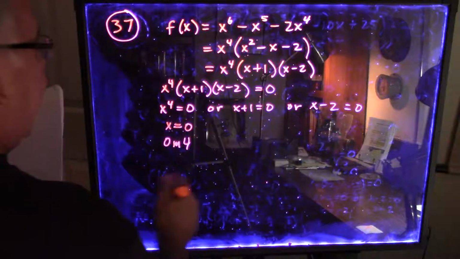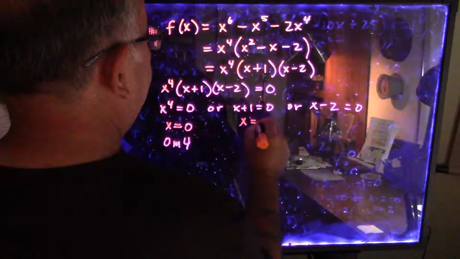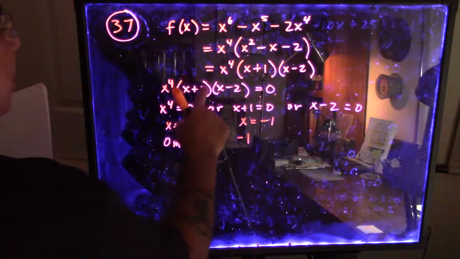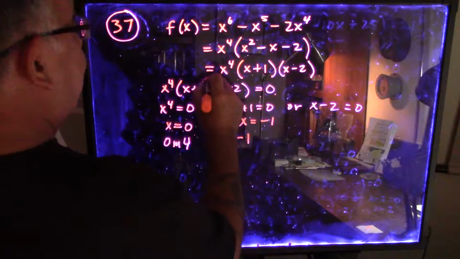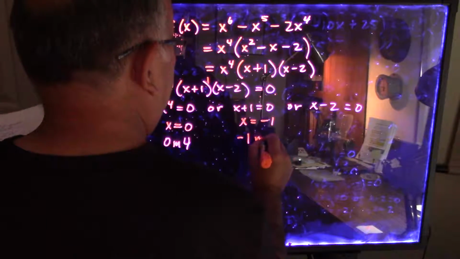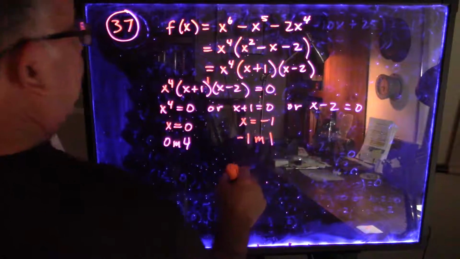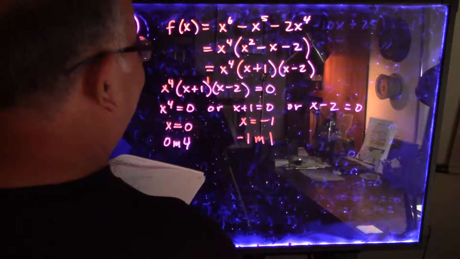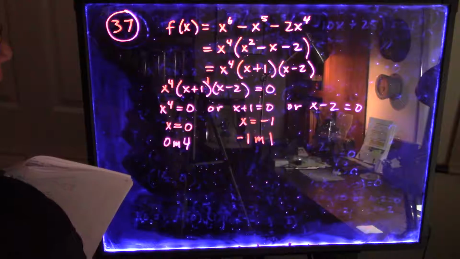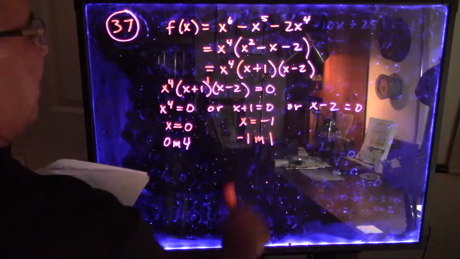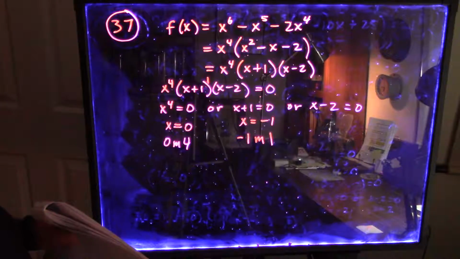And then we've got x equals negative 1. So negative 1 has multiplicity 1, there's a power 1 there, you can assume. Just because there's nothing there doesn't mean that's 0. Maybe some people might be tempted to think, there's nothing there, so that must be a 0. No, it's 1.